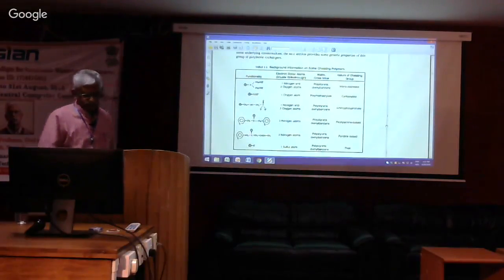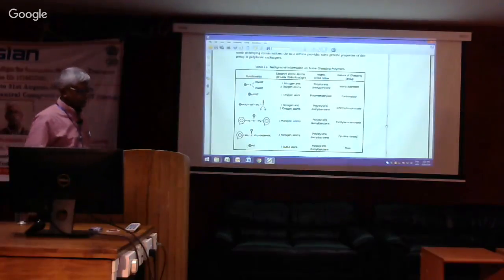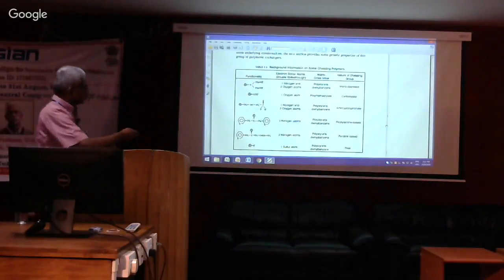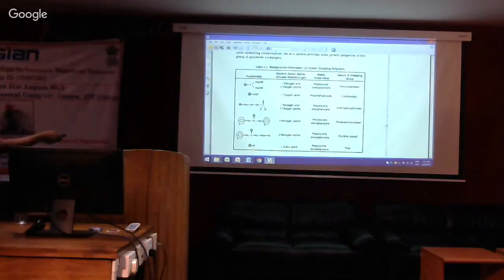Okay, so we talked of this, the most basic one. Most basic one means this is the one which has only one oxygen, which is the electron donor atom. Then we can have aminophosphate, as you can see, nitrogen, phosphorus, oxygen.